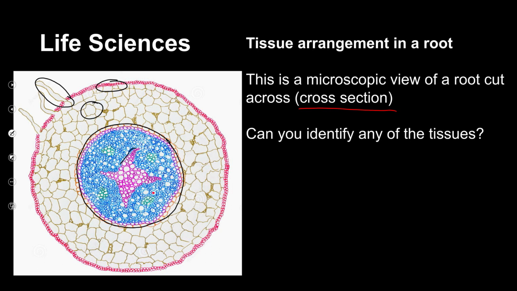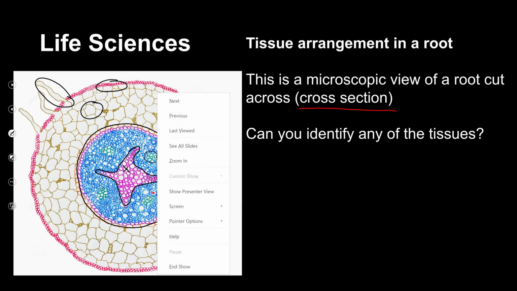And in the center, the star-like structure here, it's got great big cells in it. What do you think that is? That is the xylem. Now, where there's xylem, there's also got to be phloem.